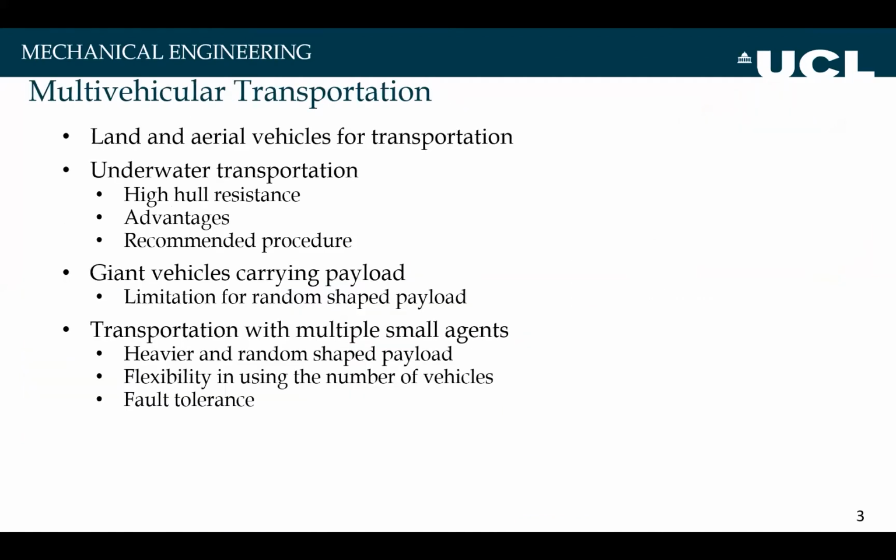The main modes of transportation are land and aerial vehicles. Underwater transportation is not usually used because of the high hull resistance, which is obviously due to the higher density and viscosity of water.